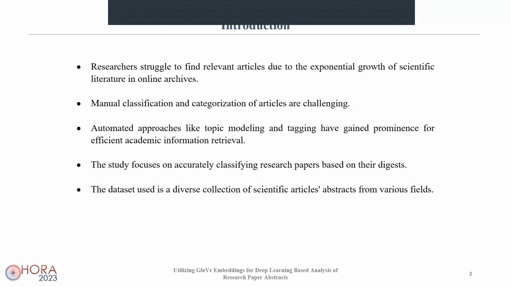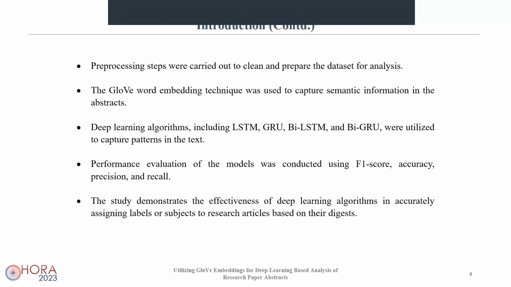The study utilizes a diverse data set containing abstracts from various scientific fields. In the study, the data set was subjected to rigorous pre-processing to clean and refine the data. The semantic information within the abstracts was captured using GLOVE word embeddings.